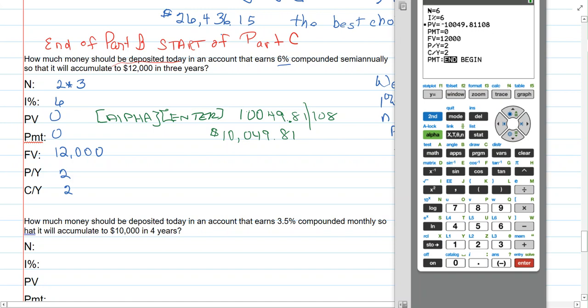Well, you wouldn't actually want to put specific cents, but in this program, they want the cents. You would have said $10,050 to ensure that at the end of 3 years, you have your desired amount.